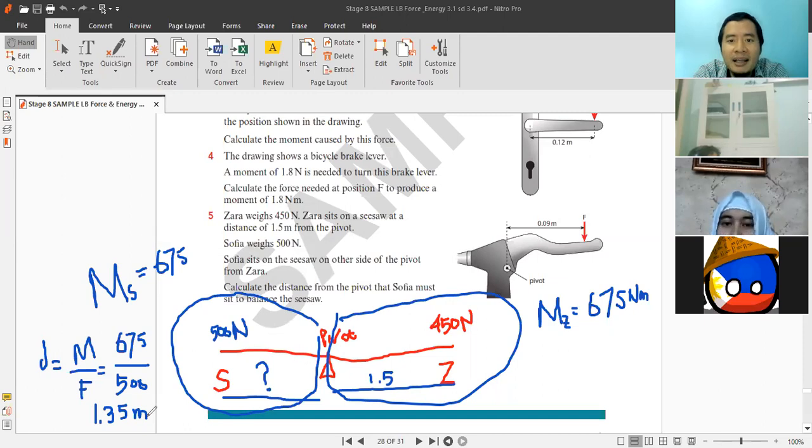You have to remember, if we discuss balancing, the moment of the left side must be the same as the right side, even though the combination of force and distance is different. As long as the moment is the same, it is balanced.